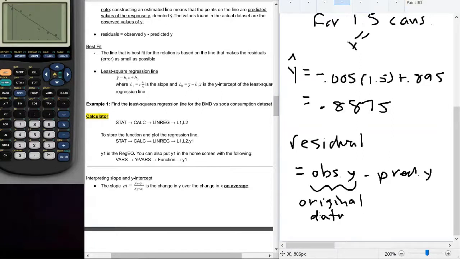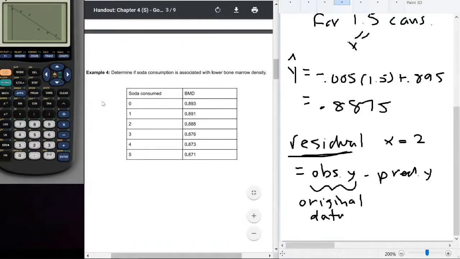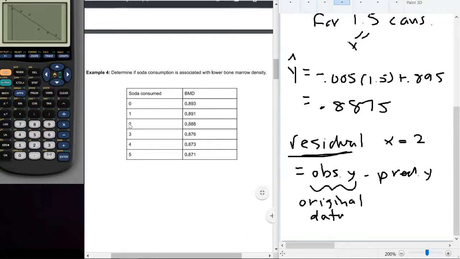So say, for example, I want to calculate the error when x is equal to 2. Find the residual whenever x is equal to 2. Well, when I go to my original data set, 2 sodas consumed, you as a researcher actually observed this behavior in the real world.